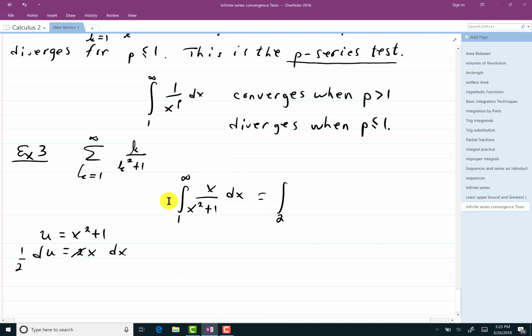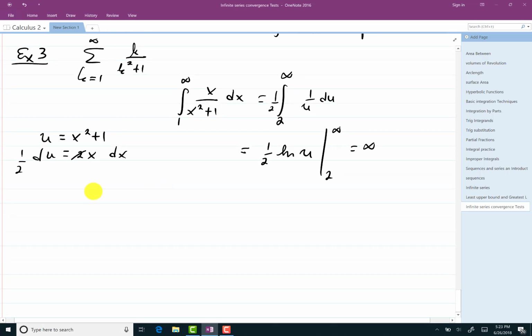Then when x is infinity, infinity squared plus 1 is even more infinity, I suppose. And we have a 1/2 out front, and then I have 1 over u du. Well, this is 1/2 the natural logarithm of u from 2 to infinity, and we already know this goes to infinity. So the series diverges.